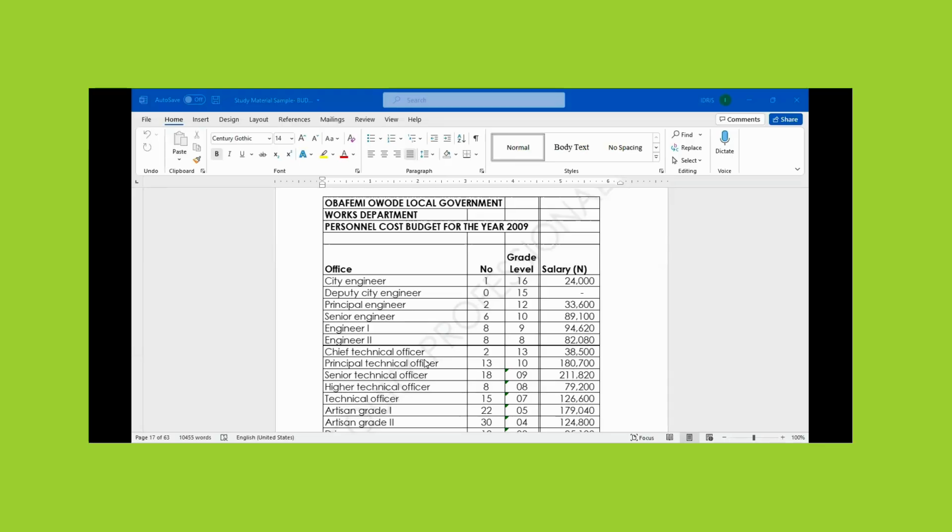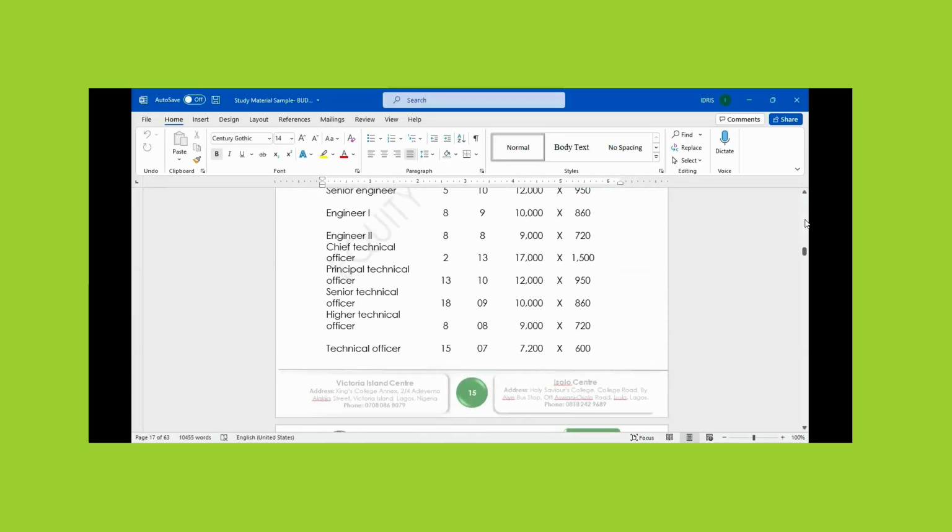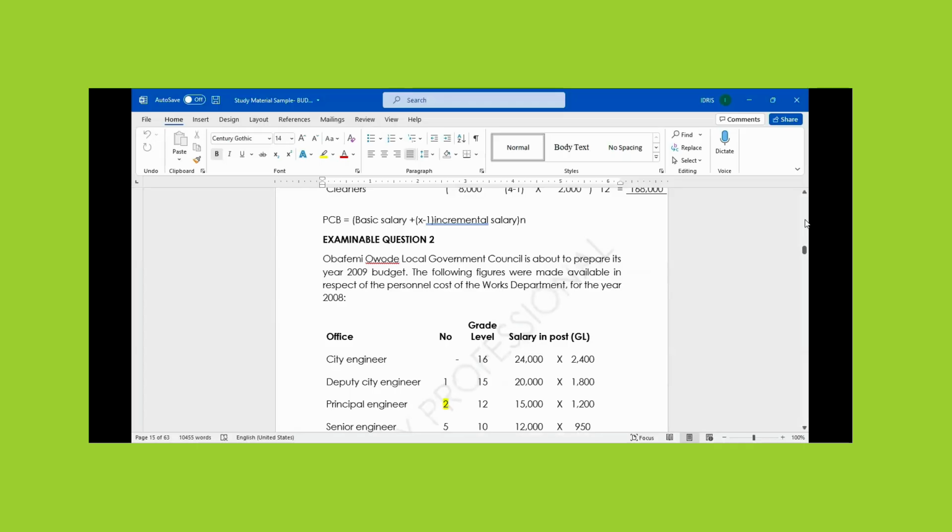So now you will draw the office, the number of staff, and the grade level and the salaries. In the question, if you look at the question, the first position we have is who? City engineer. Can we all see that? Yes, sir. Do we have number of staff in the city engineer?